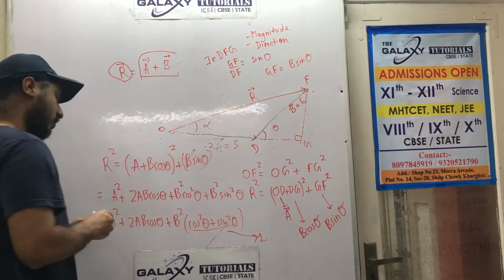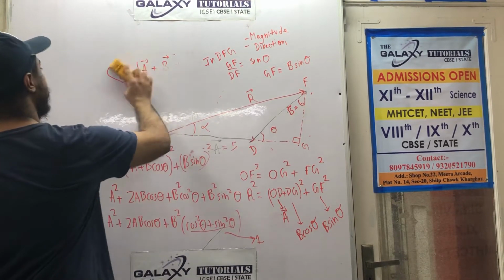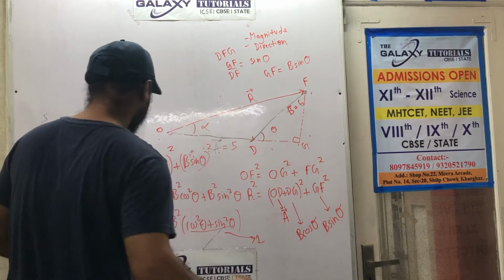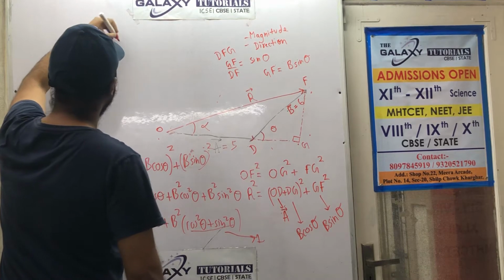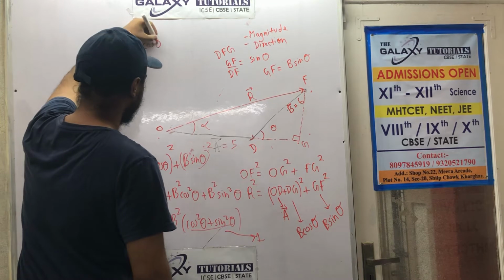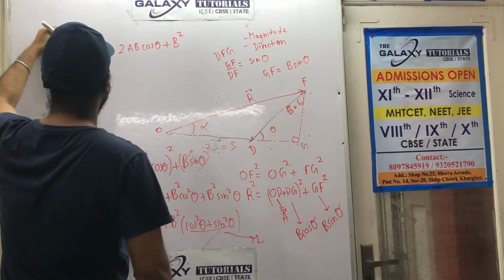Okay, so now we will solve it further. Now it is becoming simpler, a little bit more simpler. So I will solve it here. That comes out to be A square plus 2AB cos theta plus B square, which is equal to R square.